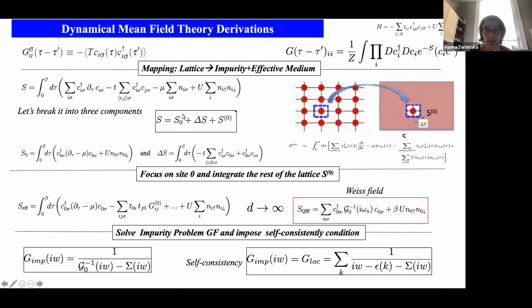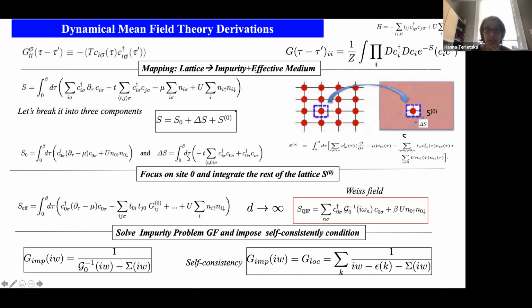S0 is the action for the impurity site, so it contains the interaction at a given site 0, which you can also call the cavity. Then there will be a term which describes the hopping from site 0 to other sites in the effective medium. And there will be another term which doesn't include site 0 in the summation. So this is the rest of the lattice.